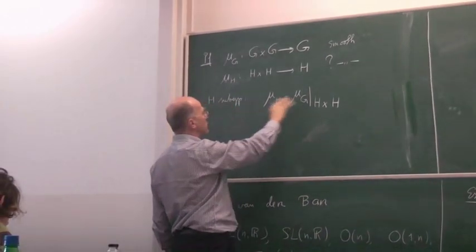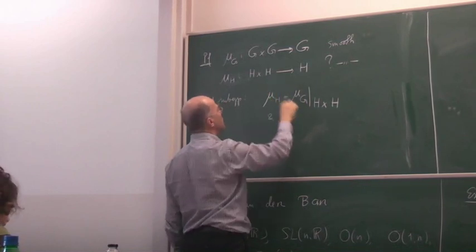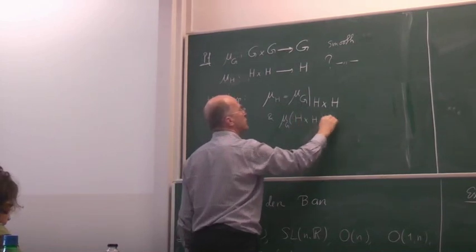But because H is a subgroup, one has this, and one has that mu_G maps H times H into H.